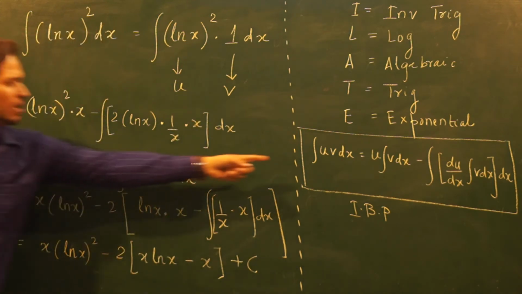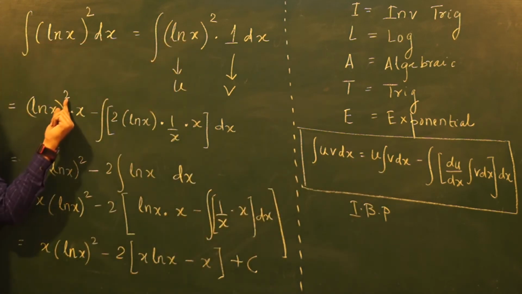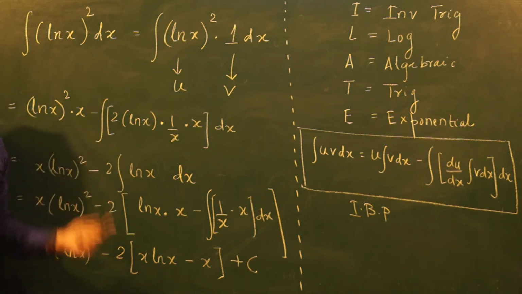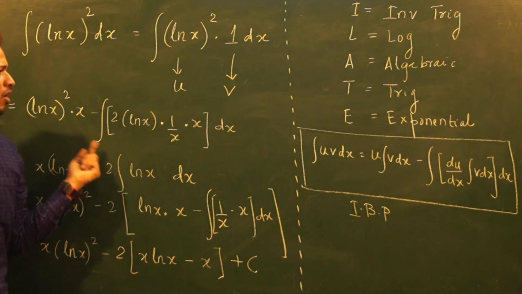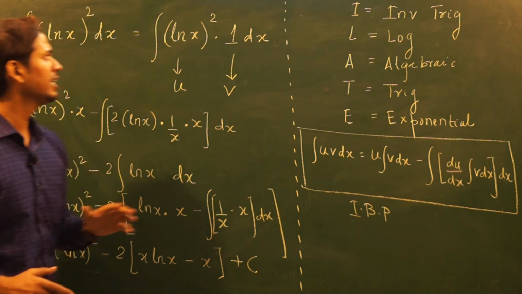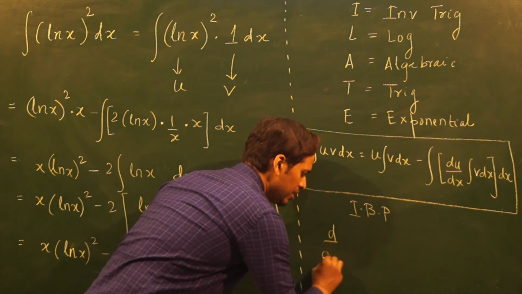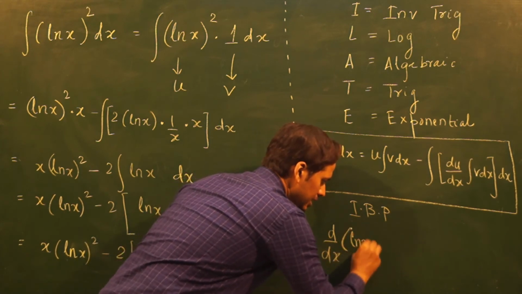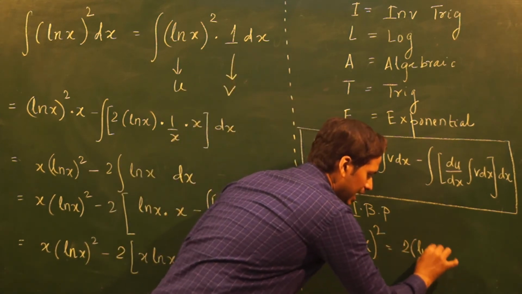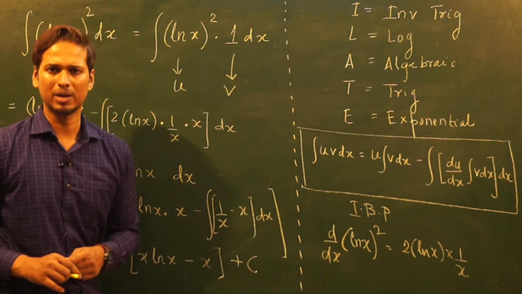According to the formula, u times the integral of v dx: (ln x) whole square times the integral of 1, which becomes x. Now minus the integral of the derivative of u. The derivative of (ln x) whole square follows the chain rule: 2 times ln x into the derivative of ln x, which is 1 by x.